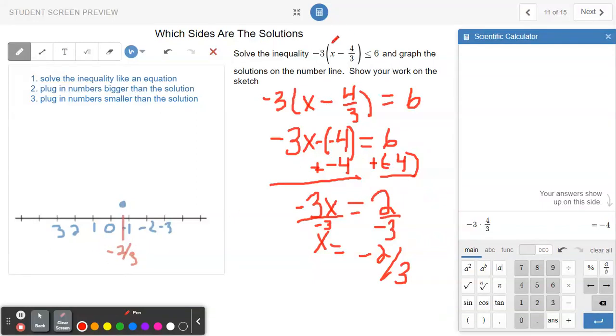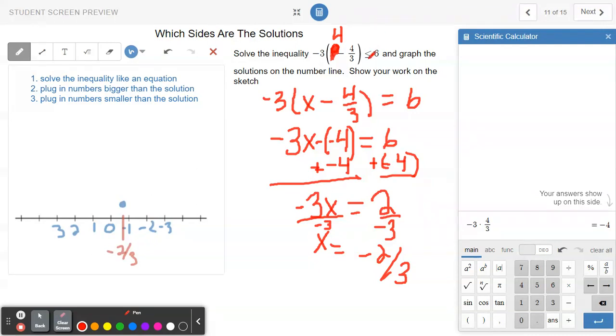Let's make x 0. If this is 0, then what's in the parentheses would be 0 minus 4/3. So that's actually going to be negative 4/3, right? And if negative 3 times positive 4/3 is a negative 4, then negative 3 times negative 4/3 will give you a positive 4, because a negative times a negative is a positive.